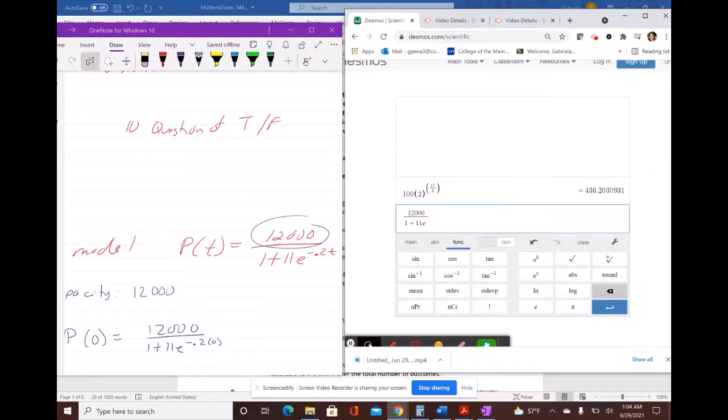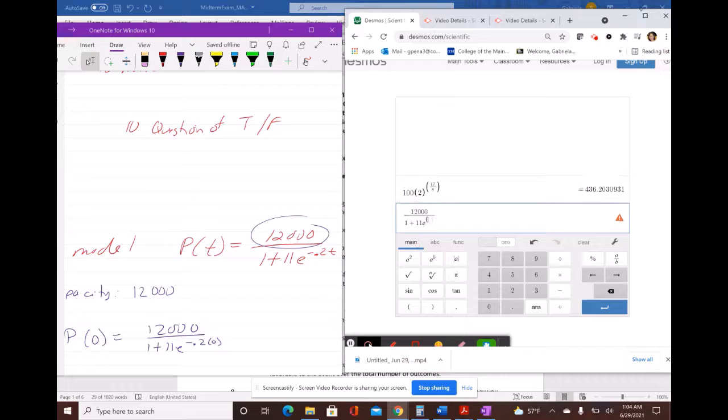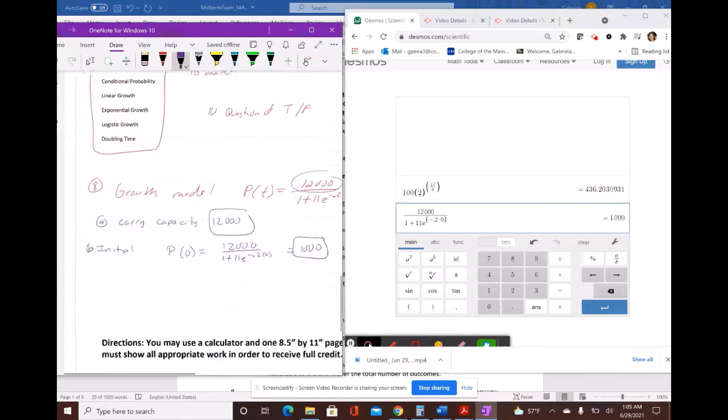The e function is here. I need parentheses, negative 0.2 times 0, close parentheses, and it says it's 1,000. So my initial population is 1,000, and the capacity is 12,000.